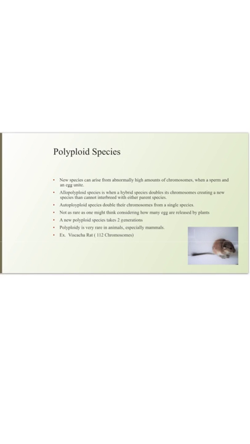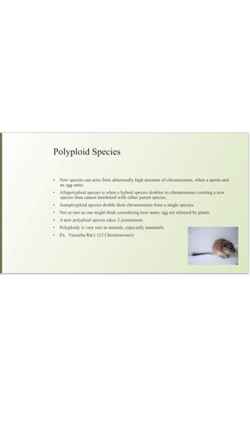There is yet another type of speciation called polyploid species. New species can arise from abnormally high amounts of chromosomes when a sperm and an egg unite. There are two different types of this. One is allopolyploid species. That is when a hybrid species doubles its chromosomes, creating a new species that cannot interbreed with either parent.